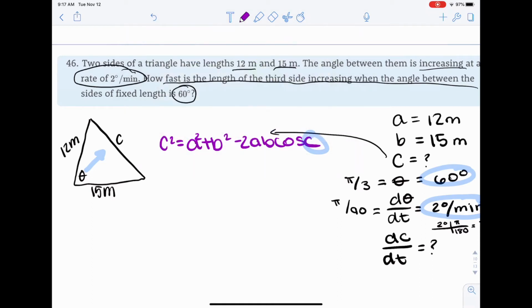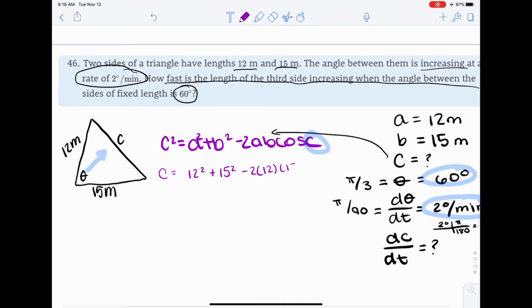So we can solve for C by saying C is equal to 12 squared plus 15 squared minus 12 times 15 times the cosine of pi over 3, because this is going right here. And then we're just going to square root that all.